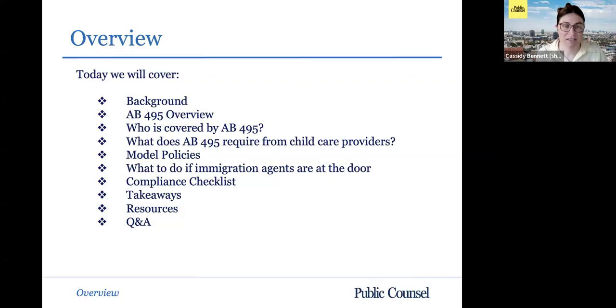Then we'll discuss the model policies provided by this law. And then we'll go into what to do if immigration agents are at the door, as that is one of the things covered by this law. We'll talk about a compliance checklist that will hopefully be helpful for you. Then we'll go back into takeaways from today, resources that we'll continue to provide you, and we'll end with Q&A.